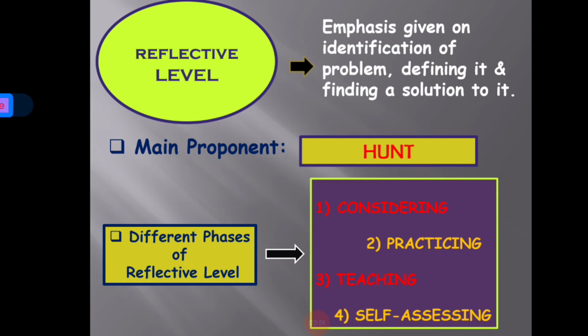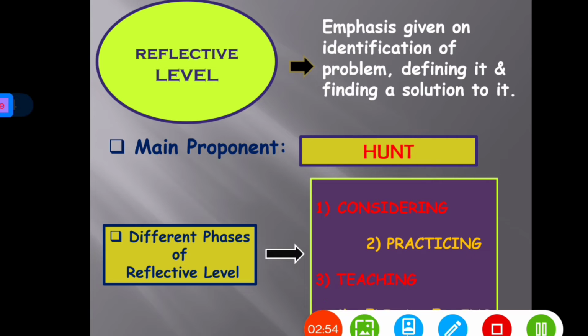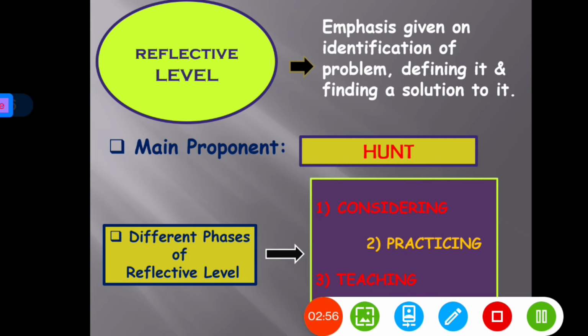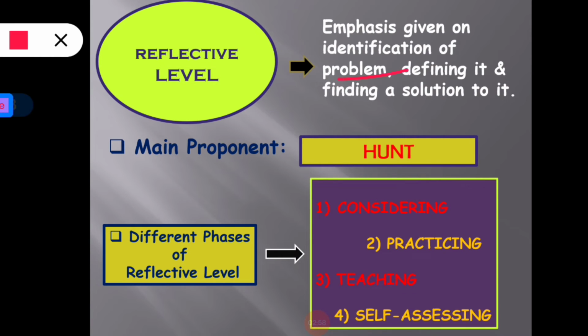Reflective level of teaching basically emphasizes the identification of the problem, defining it and finding a solution to it. It is the highest level of teaching, and it makes use of knowledge and research skills of the learners for solving real life problems. Okay, so it involves the use of a problem centric approach also.